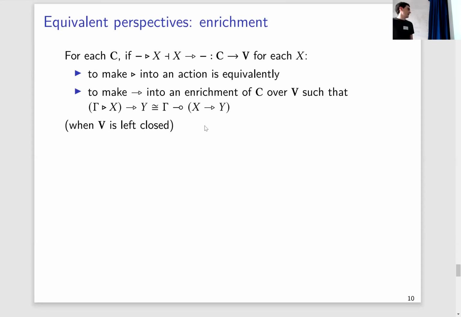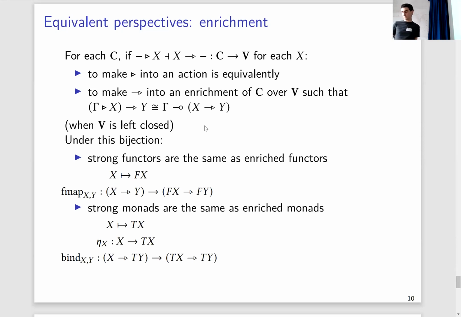And then we can transfer the definitions of strong functor and strong monad along this bijection, and we get the definitions of enriched functor and enriched monad. An enriched functor says, for every object of C, we get an object of D. And also we have morphisms like this, which go from X arrow Y to F of X arrow F of Y, preserving identities and composition in the right way.